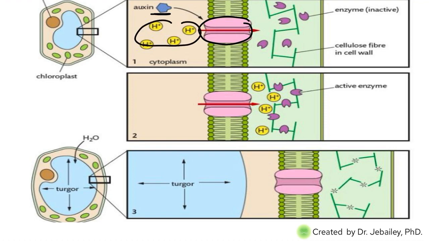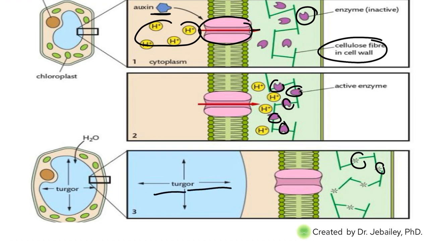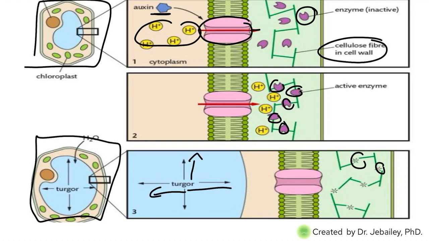So the hydrogen from the cytoplasm moves in, and they activate the enzyme, which eventually does what? It starts breaking down the cellulose on the wall. And now because it broke them up, what happens? The water inside the vacuole starts causing bigger pressure. And look, you were a tiny cell and became a bigger cell just because the water went into the vacuole.